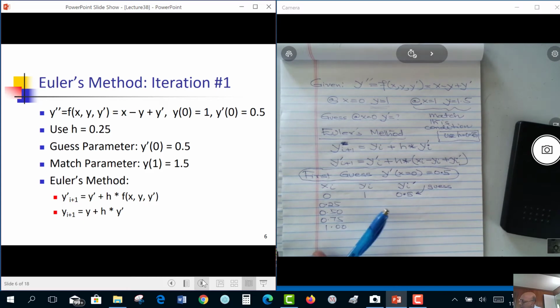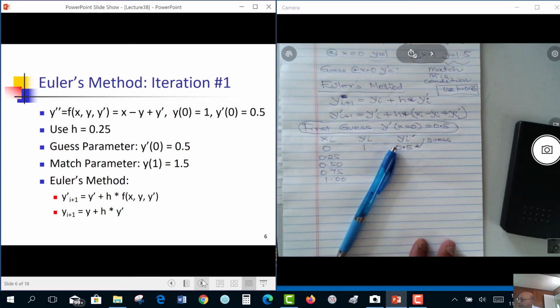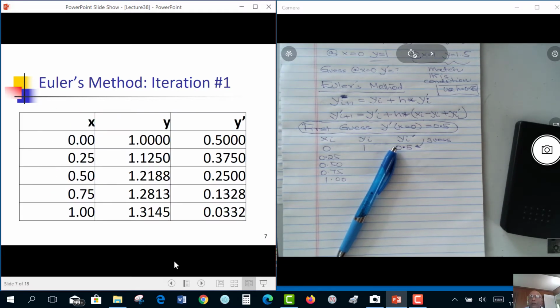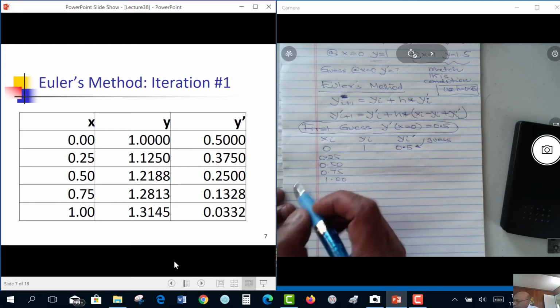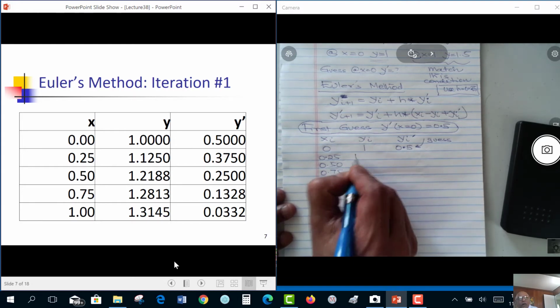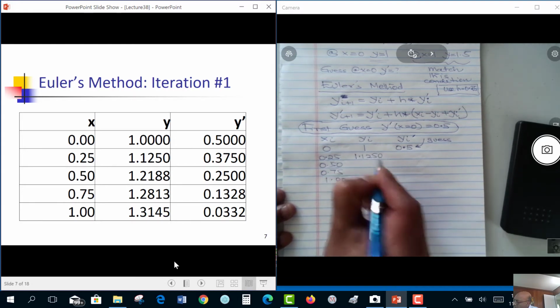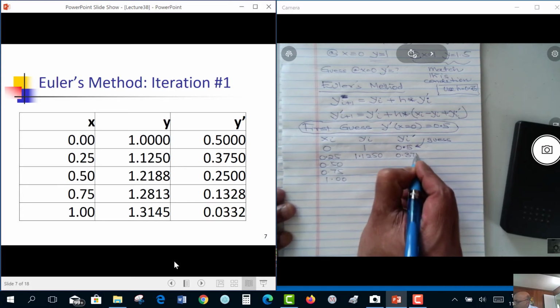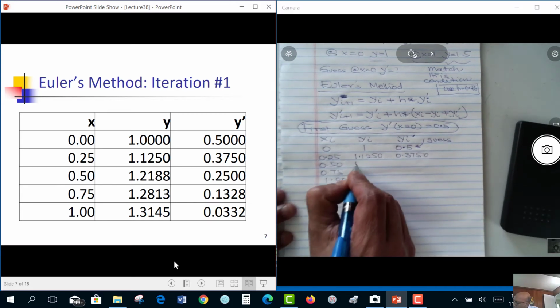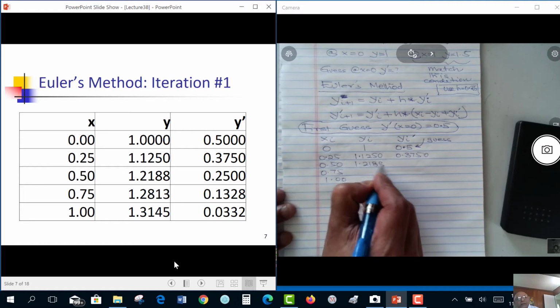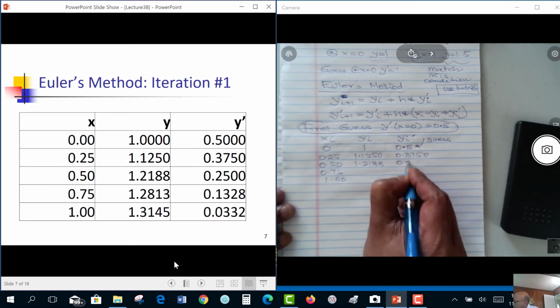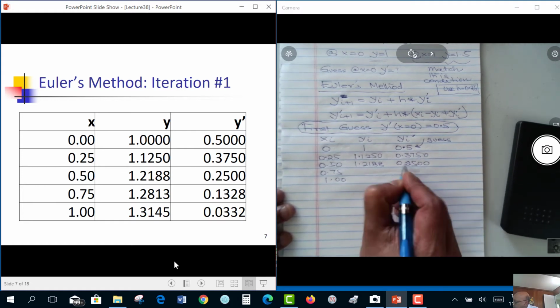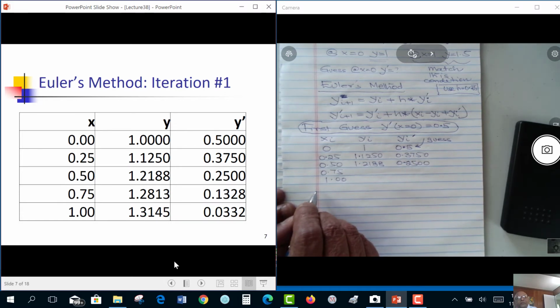Now you may remember you solved exactly this initial value problem in the last lecture, and I had asked you to calculate along with me. I had done the first two rows. So we got 1.125 over here, 0.3750 here. We got 1.2188 and 0.25.